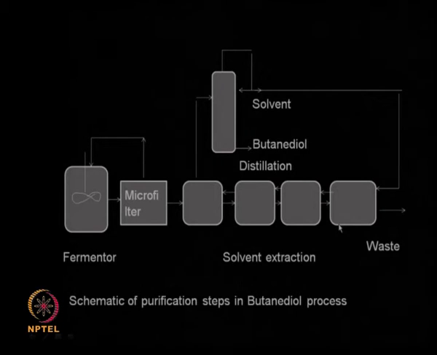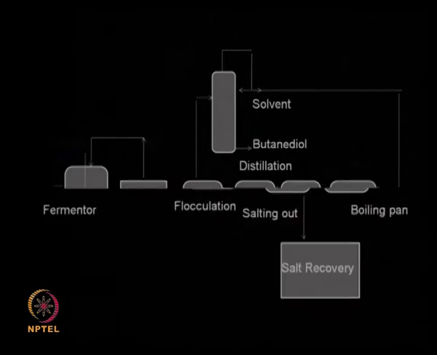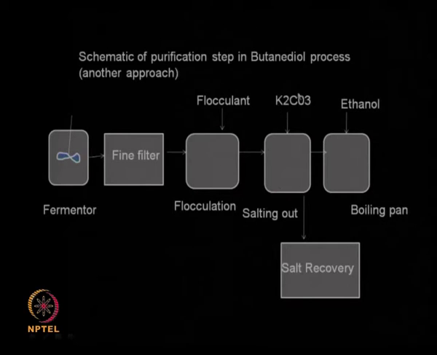So, this is based on a solvent extraction system, but if you are interested to salt out, then obviously what do you do? You need to add potassium carbonate so that butanediol comes out. So, in this approach, you have a filtration so that the solids are removed, then you have flocculation which will remove floating solids, then you add potassium carbonate.